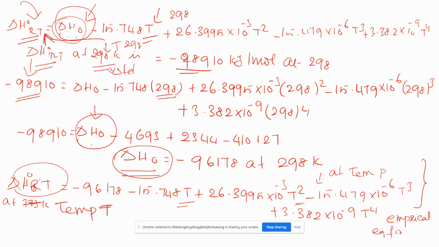After finding the del H0, you will again get an expression with respect to T, just the same equation, where you substitute del H0. If one more temperature is not given, this will be our empirical expression. In this problem they have given the temperature as 773 Kelvin, so we have substituted T equal to 773 Kelvin and found it. The other two problems we will see in the next lecture.